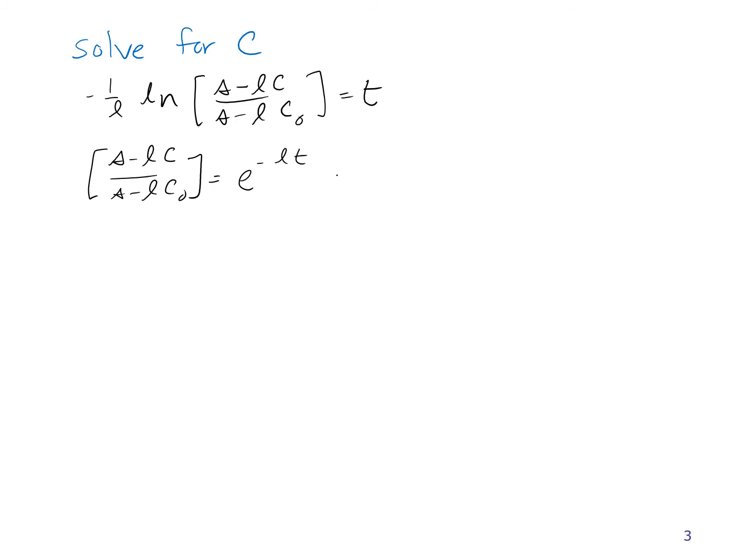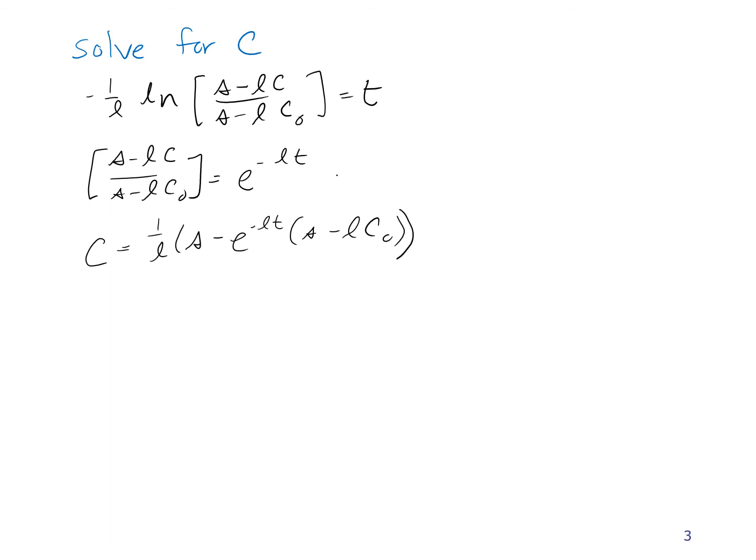Then if I keep going here, I can write this as C is equal to 1 over L times S minus e to the minus LT times S minus LC naught.